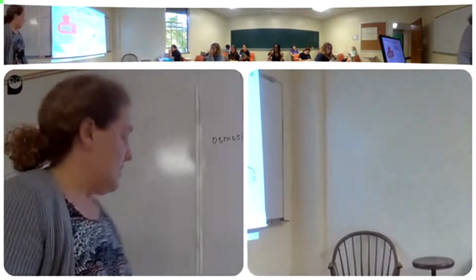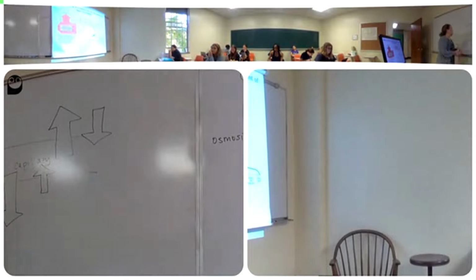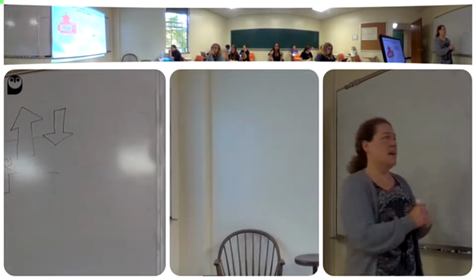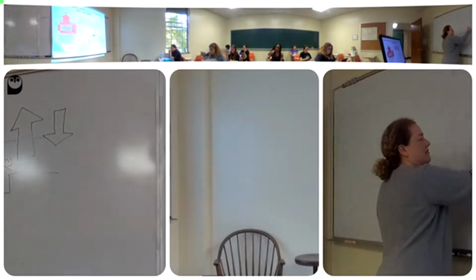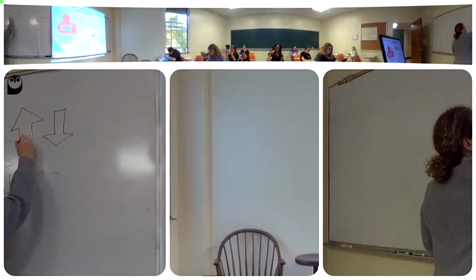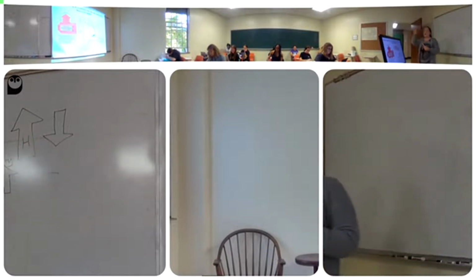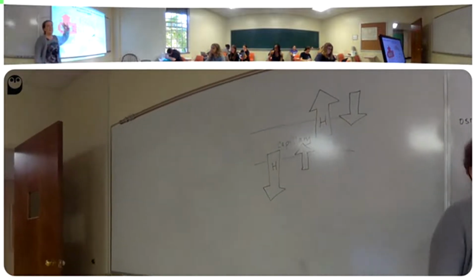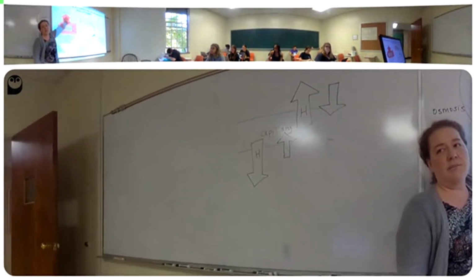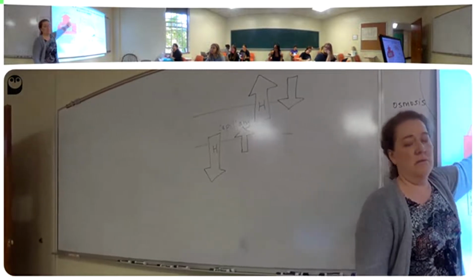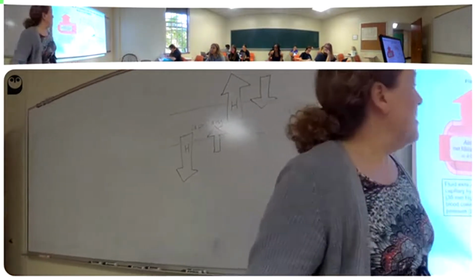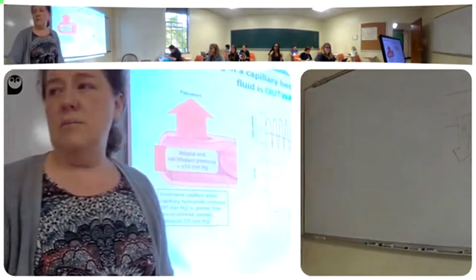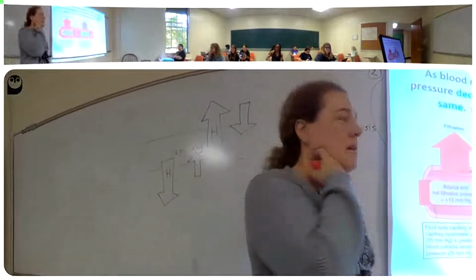Fluid leaking outward. So on this picture, where we've got the arrows pushing outward, make an H on that for hydrostatic. It's not leaking up, even though the arrows seem to point up. It's leaking out of the capillary, outward. Every time blood hits a capillary bed, fluid starts leaking outward because of hydrostatic pressure.